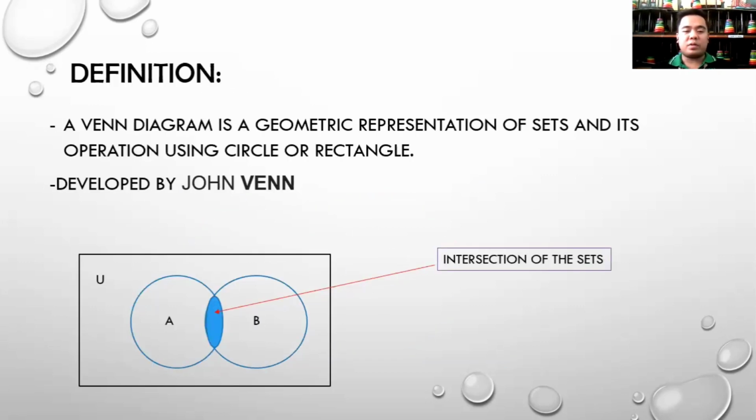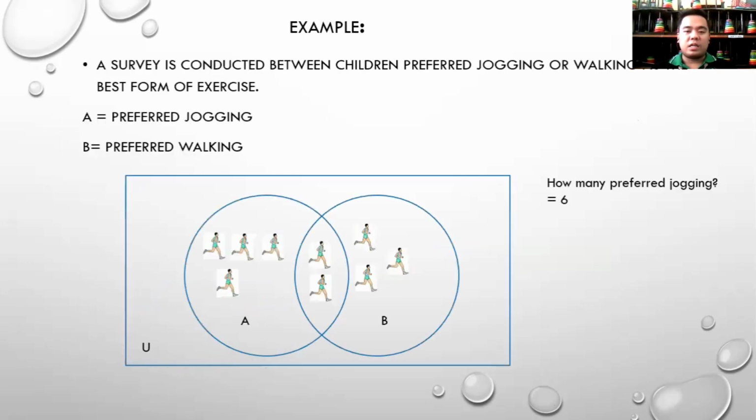So for example, how are you going to analyze this kind of example? A survey is conducted among children who prefer jogging or walking as the best form of exercise. For example, set A preferred jogging, while set B preferred walking.